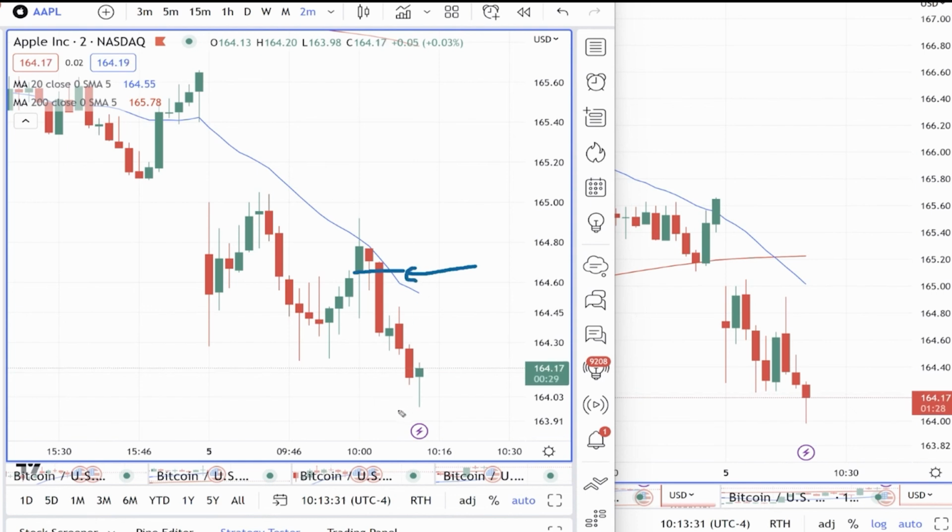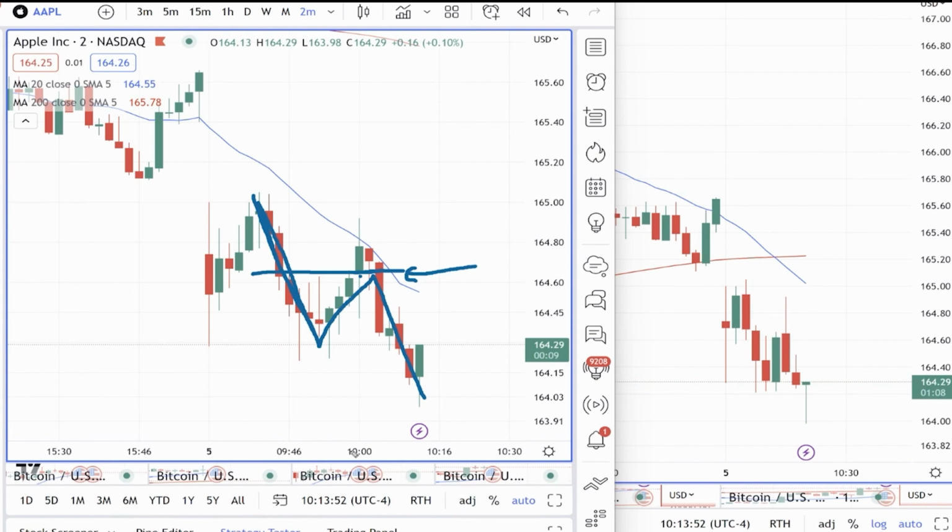Okay. You're right. That entry is right around the halfway mark. Boom, boom, boom. Do you see that?